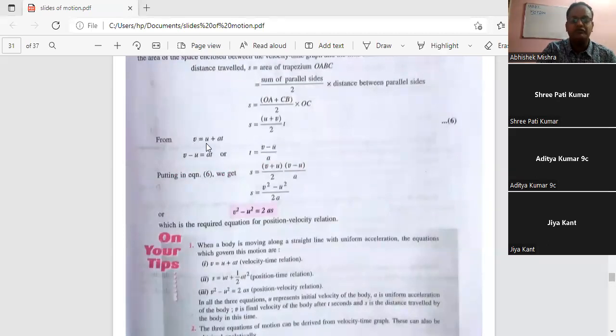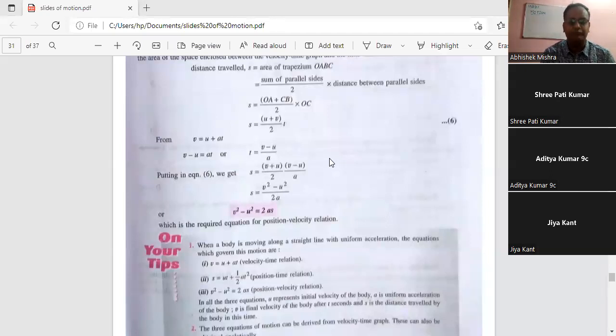And we all know V is equal to U plus AT. Put the value of V over there. And now we can get the value of T also over here. So S is equal to (V plus U) by 2 into T. This is very simple. We only have to remember the area of the trapezium, that is half into the parallel sides and the distance between the parallel sides. We know the value of OA is equal to U, and we know the value of T also.